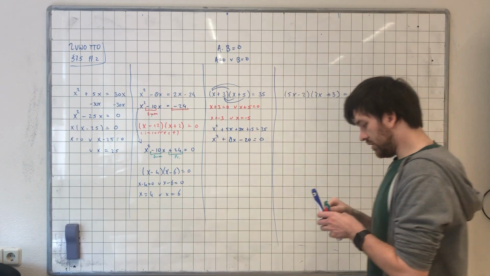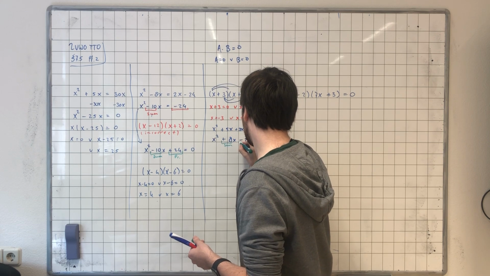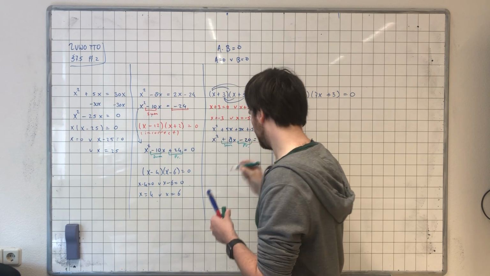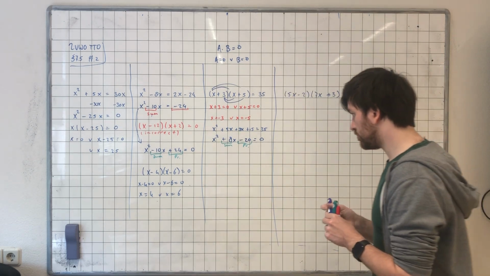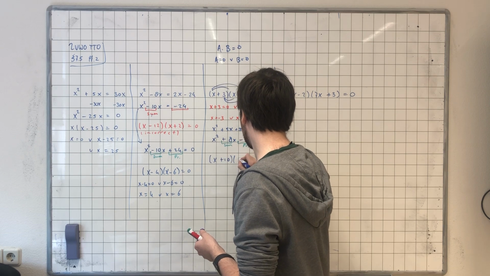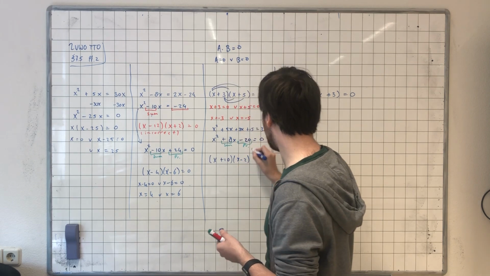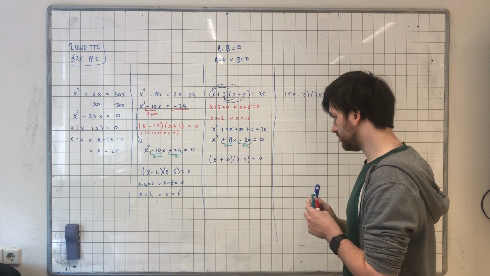So minus 35 on both sides gives us minus 20 over here. And now our sum is 8, our product is minus 20, so the two numbers that we're looking for are 10 and minus 2, so x plus 10 and x minus 2, because 10 times minus 2 is minus 20, and 10 plus minus 2 is 8.